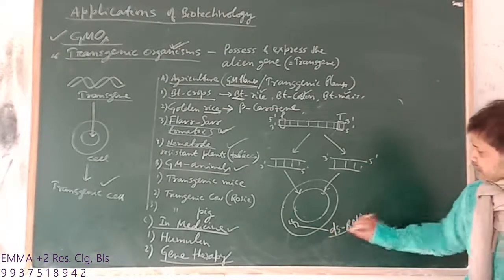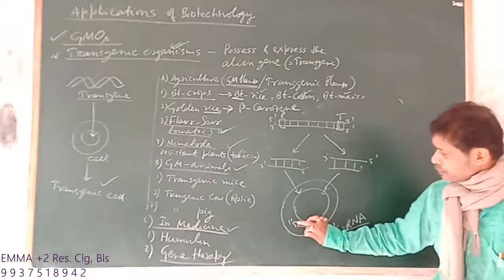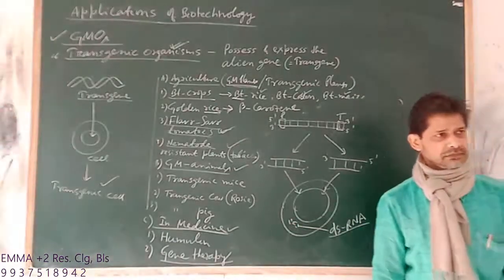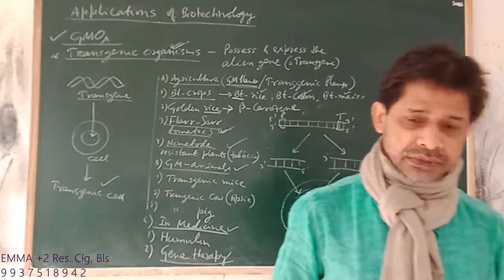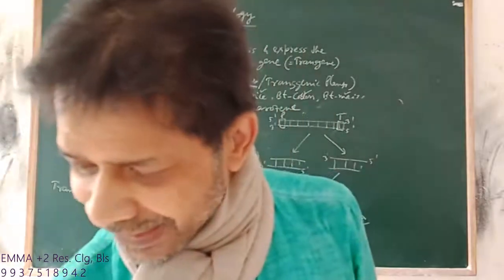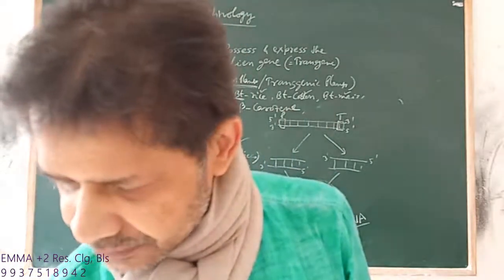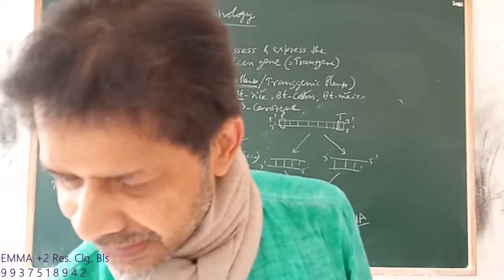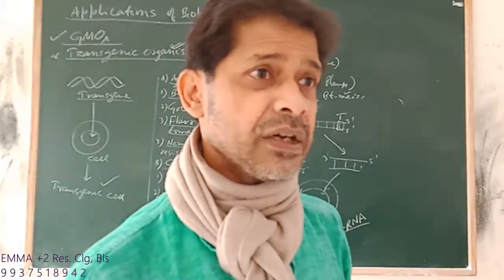So this double stranded RNA will be broken into pieces and they combine with a protein to form one activated RISC. RISC full form is RNA induced silencing complex.